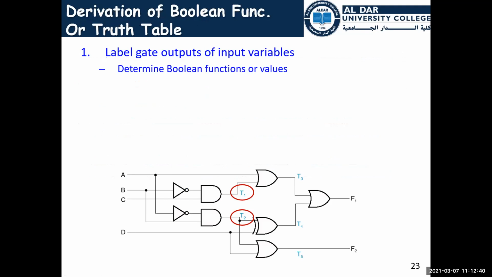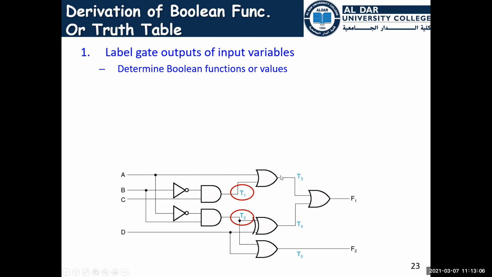One of the design steps is to derive the functionality of a specific circuit. If you have an already implemented circuit and you want the functionality or the Boolean expression of this circuit, it is easy to name the edges here by variables like T1 to T5.